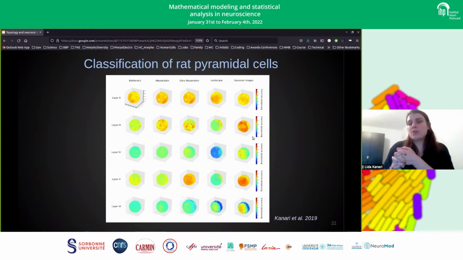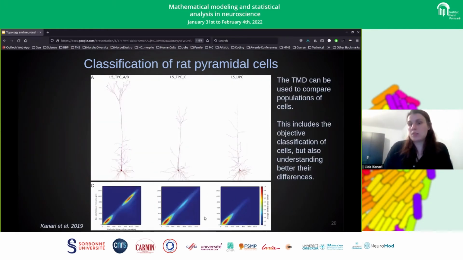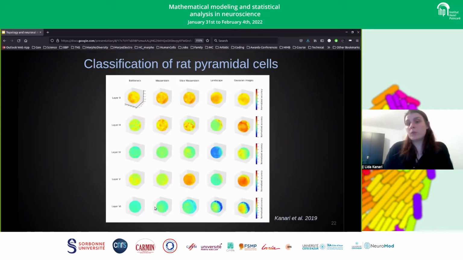In general, the persistence images that you've seen before were very good at distinguishing all the layers, and we could pinpoint the differences between the different cell types based on the Gaussian images.